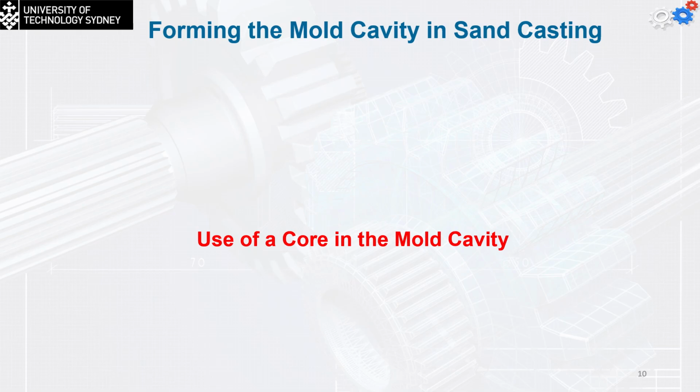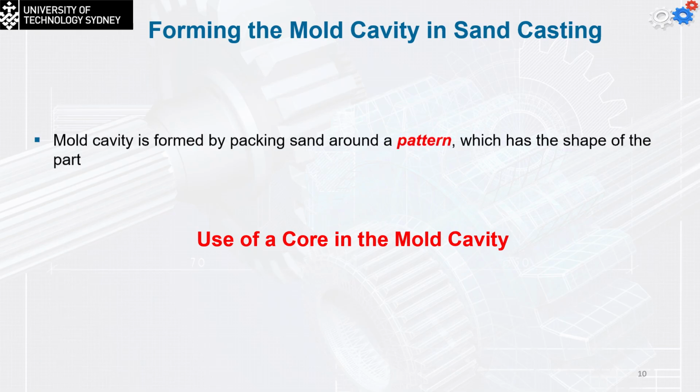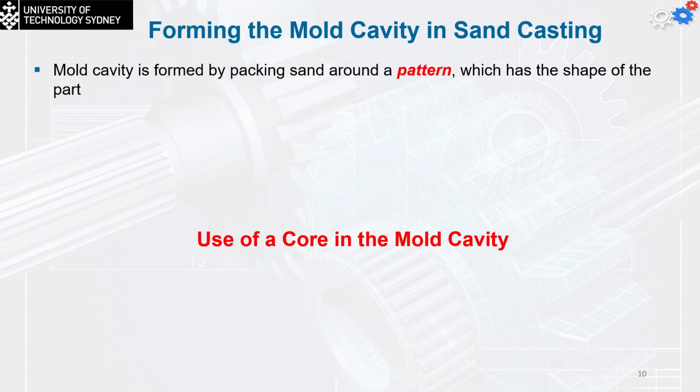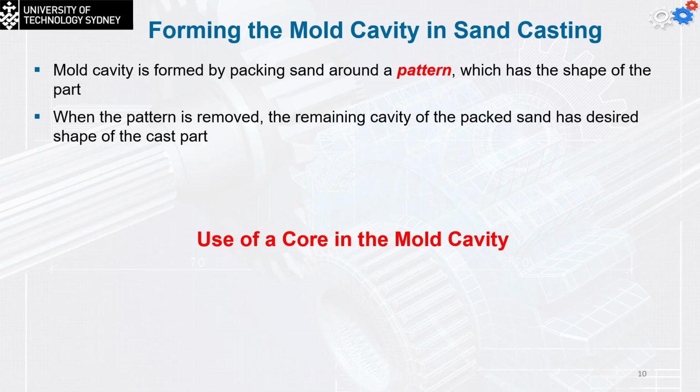The forming of the mold cavity in the sand casting. We are going to use the core in the mold cavity. So the mold cavity is formed by packing sands around the pattern, which is going to have the shape of the part. When the pattern is going to be removed, the remaining cavity of the packed sands has the desired shape of the cast part.